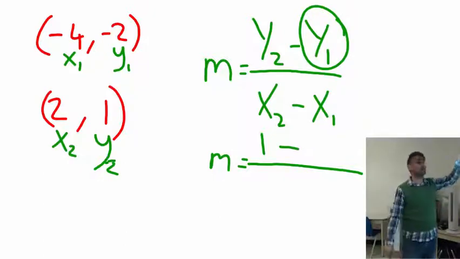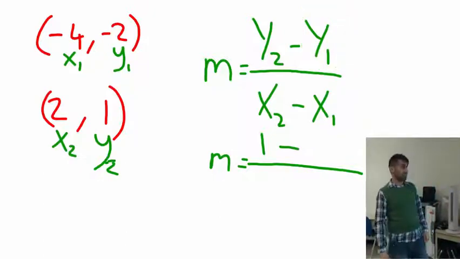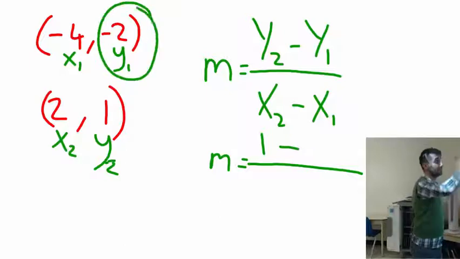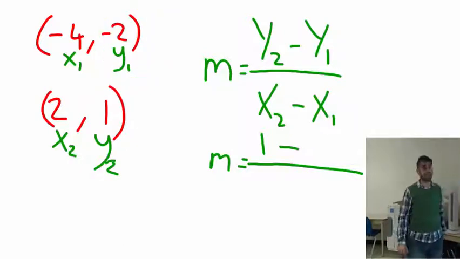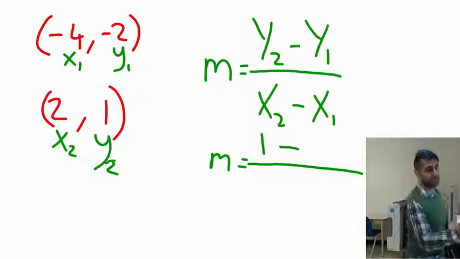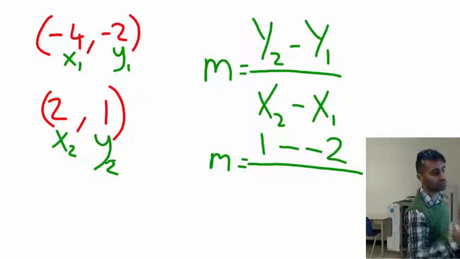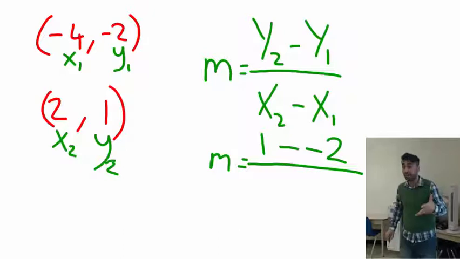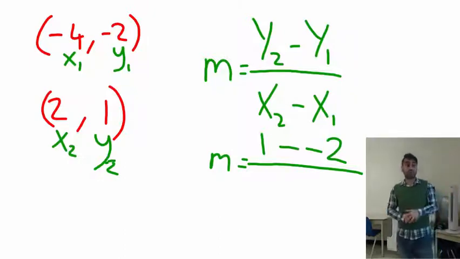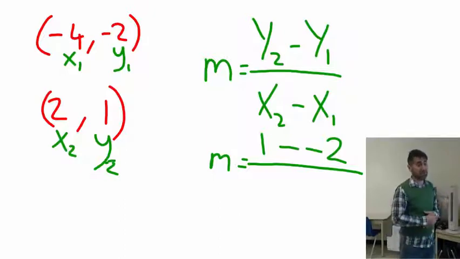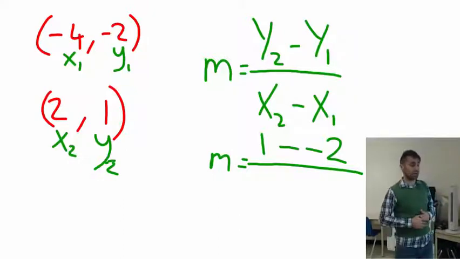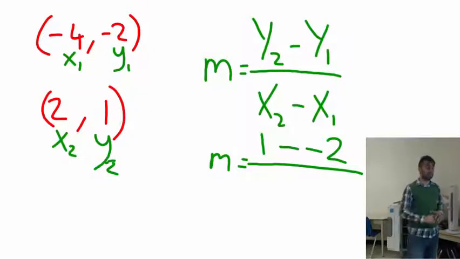Whatever it is, I need to write that down. y1 is, in this case, a negative number, negative 2. Yes, I'm going to have two negative signs, so that will actually make it positive. But I suggest you use your calculator if you are not good at integers. Let's keep it like that for now.